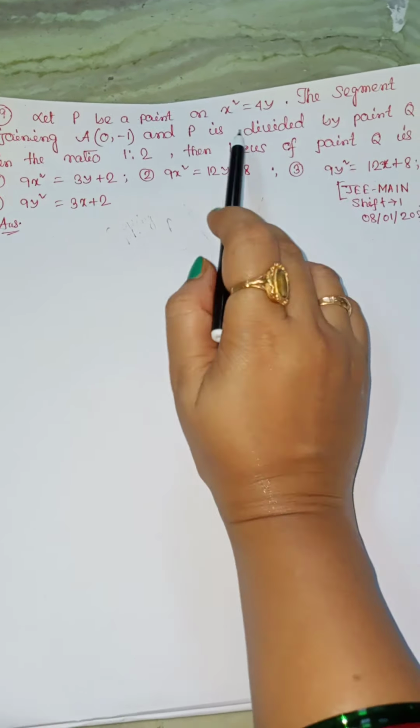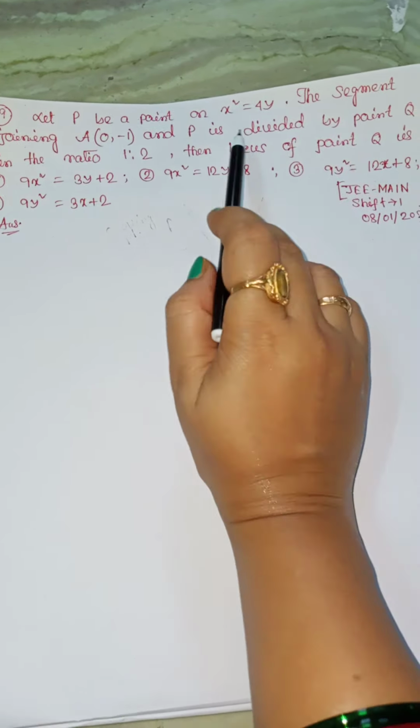The point 2t comma t square also satisfies the x square is equal to 4y equation. So write down the given equation x square is equal to 4y, and A is the point which is 0, minus 1.